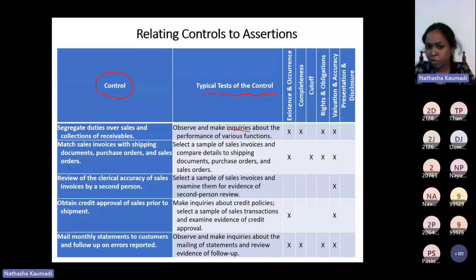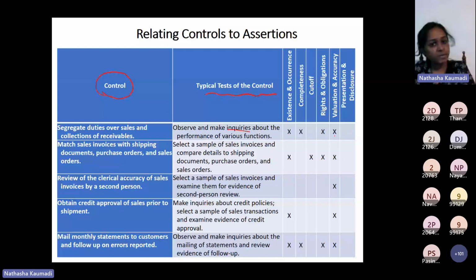I hope with this first example, you have a clear understanding about control and the test of control. And what are the assertions going to cover? When the segregation of duty is there, existence and occurrence, completeness, rights and obligations, valuation and accuracy, almost all four of these assertions are going to be covered to some extent. So that is the covered assertions.